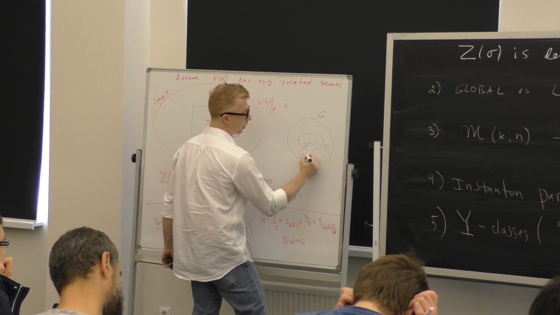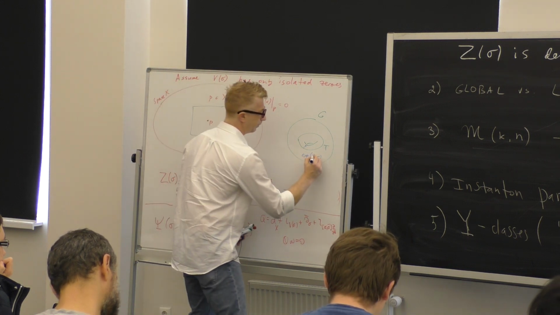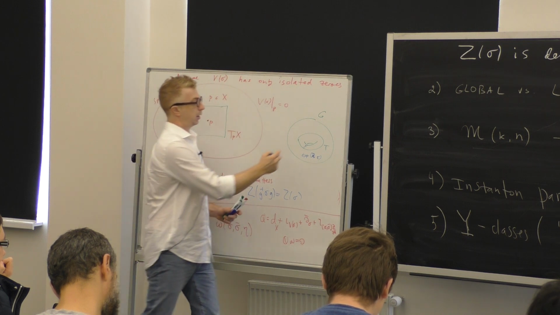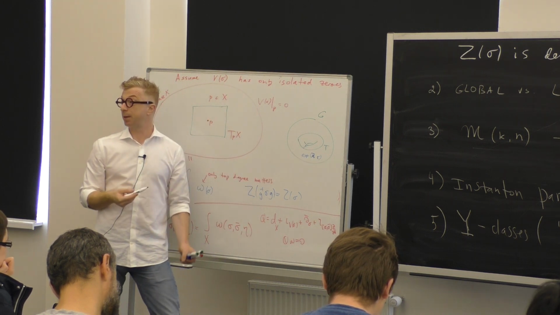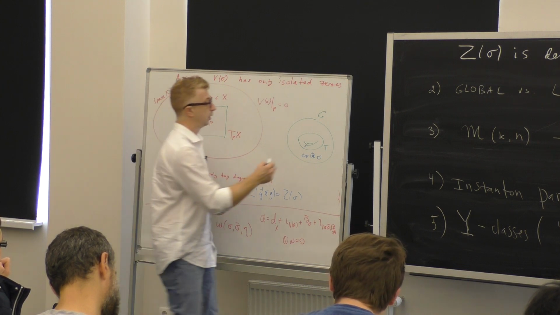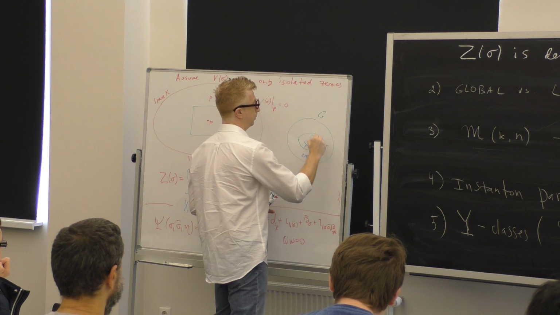If you exponentiate, with a different parameter, let's call it lambda, you'll generate a one-parametric subgroup of the maximal torus, which for generic choice of sigma will be an ergodic subgroup.